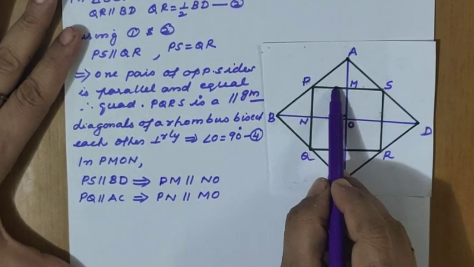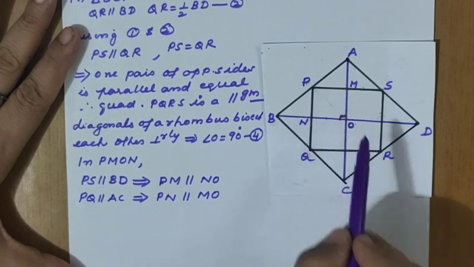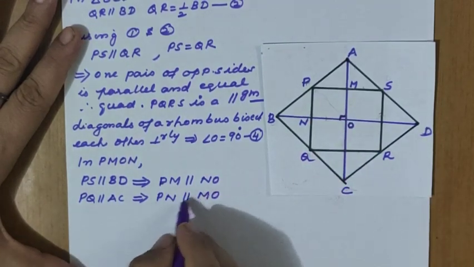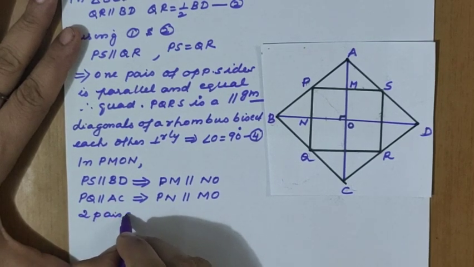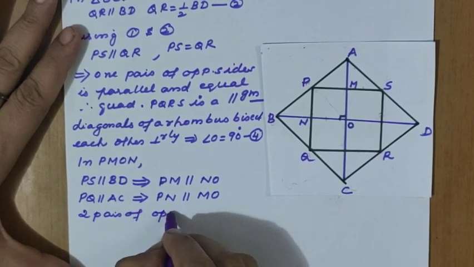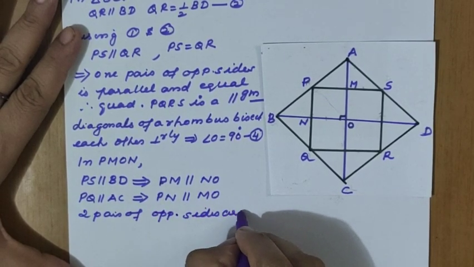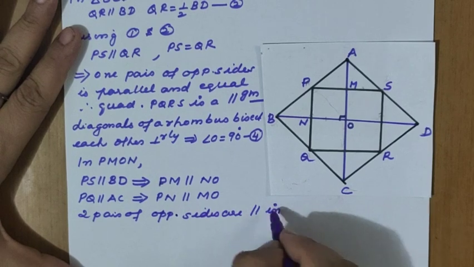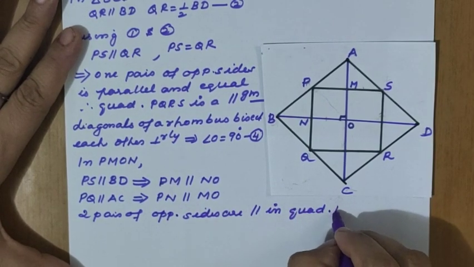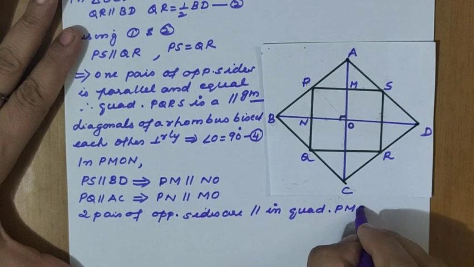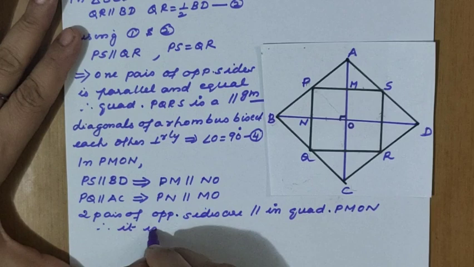One is PM, opposite side NO, and the second one is PN parallel to OM. So we write, that means two pairs of opposite sides are parallel in quadrilateral PMON, therefore it is a parallelogram.